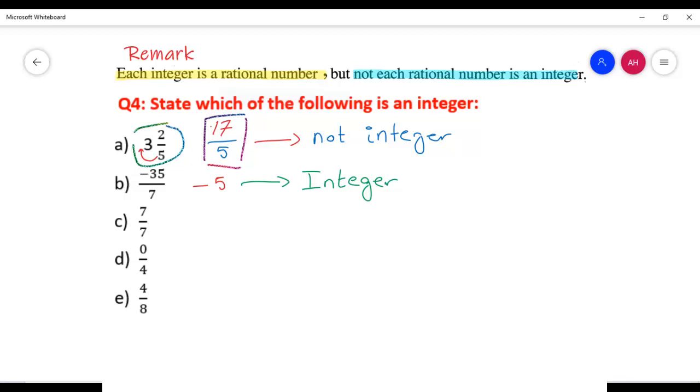Let's go for number C. 7 over 7. 7 over 7 is a rational number, right? And I know that 7 over 7 is equal to 1. We said that when I have my numerator the same as my denominator, this is equal to 1. And 1 is an integer.